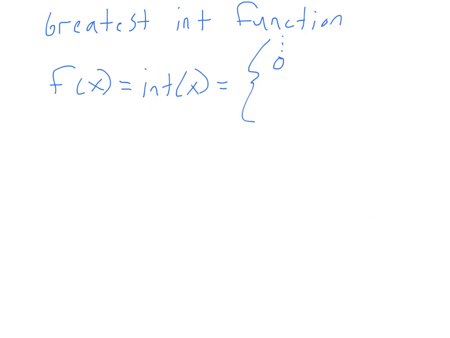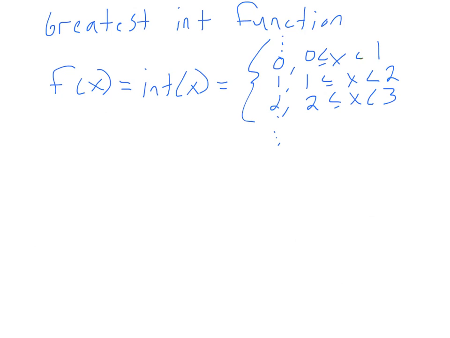It's equal to 0 if x is between 0 and 1, it should be less than 1. If x is between 1 and 2, but less than 2, it's equal to 1. It's equal to 2 when x is between 2 and 3, but less than 3.